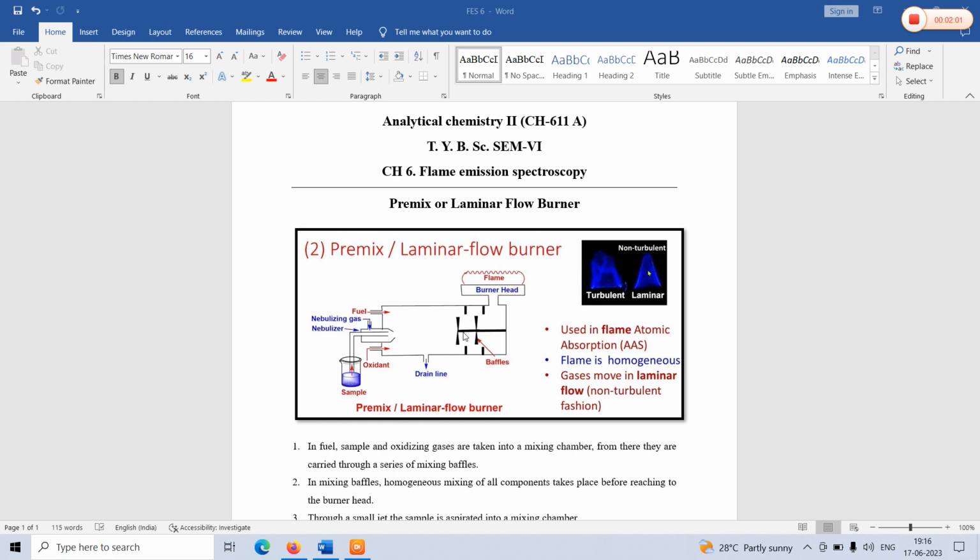After the mixing chamber there are mixing baffles, which are useful to produce uniform gas molecules. These uniform gas molecules are then subjected to the burner head, where the flame is, and that flame is useful to excite the formed gas molecules, which are neutral in nature.